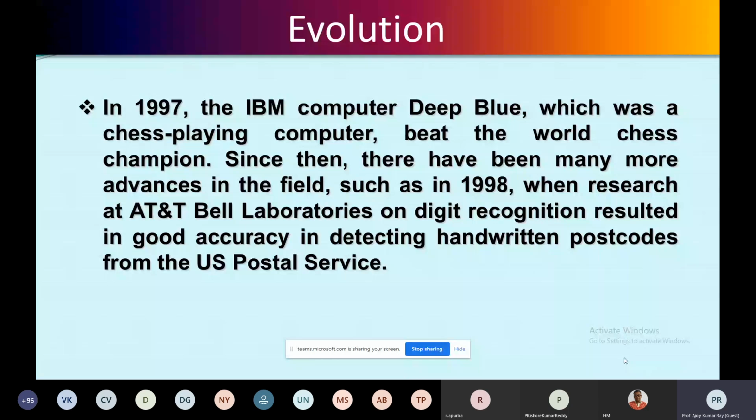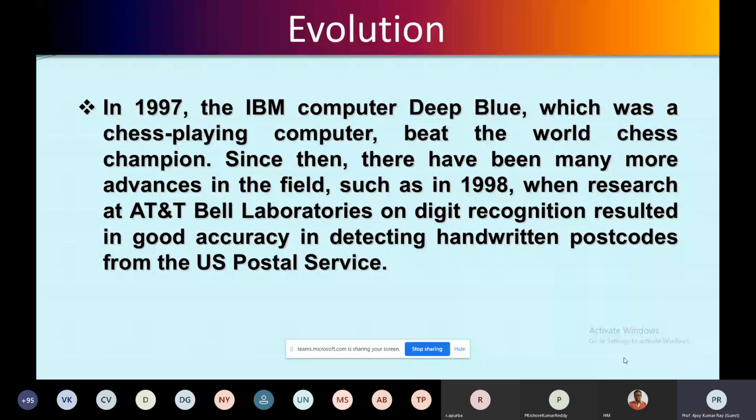Everything. So AT&T Bell Labs started work on digit recognition. Now, this is very interesting, in detecting handwritten postcodes. You will be surprised that when we talk about the work in India, this is a project which we had submitted, my first project at IIT Kharagpur from DST.